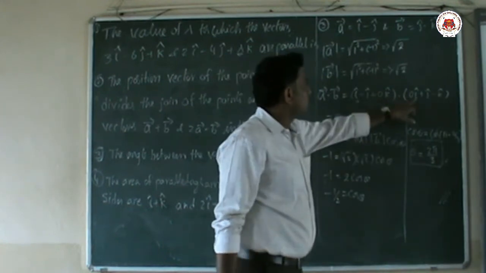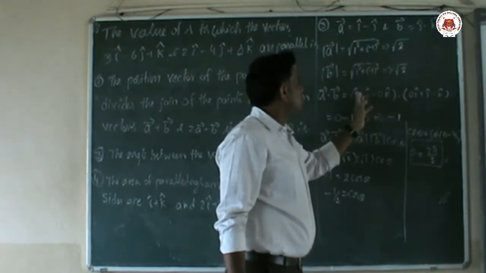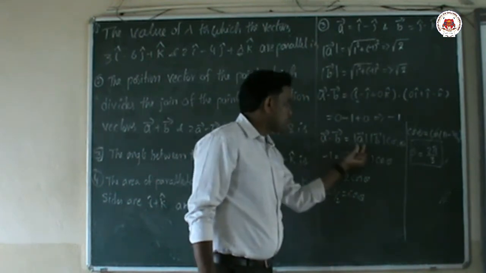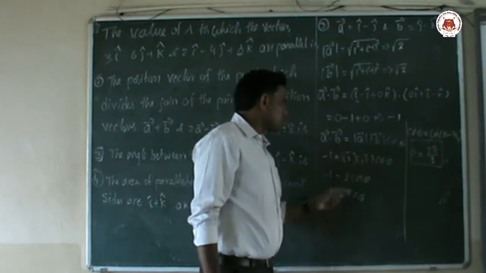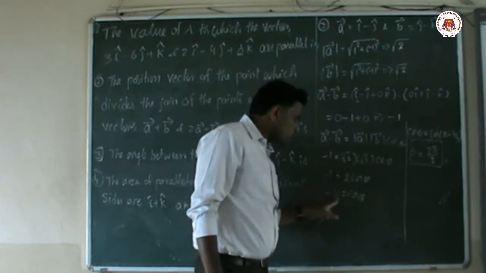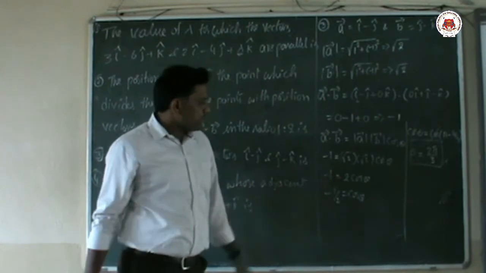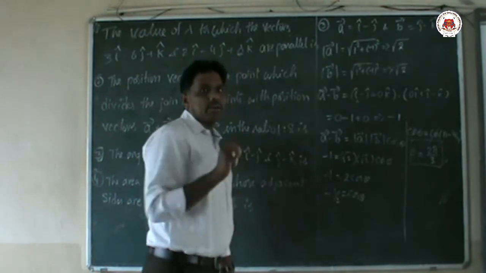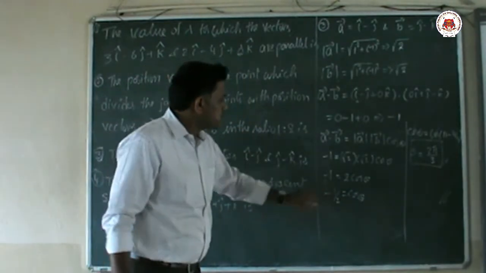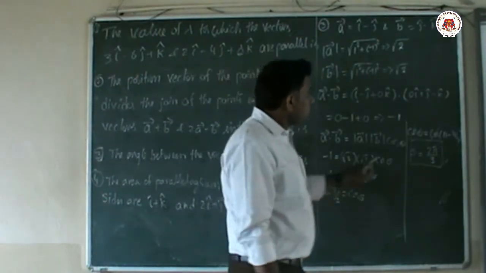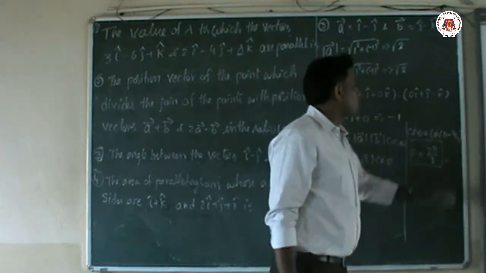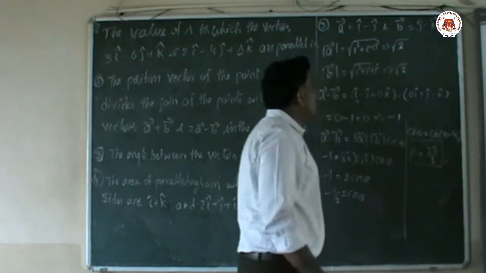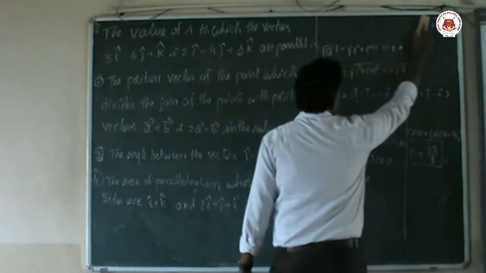In the dot product, i into i, here 0 is there. The whole thing will give minus 1. So if you substitute, A dot B means minus 1. Mod A is root 2, mod B is also root 2. Root 2 into root 2 is 2. If you bring this to the other side, that is minus 1 by 2. So cos value is 1 by 2 when it is cos 60 degrees. But here the problem is that the negative sign is there. So if a negative sign is there, we have to write pi minus. So cos gets cancelled. Here 3 pi minus pi means 2 pi by 3. So this is the third answer.